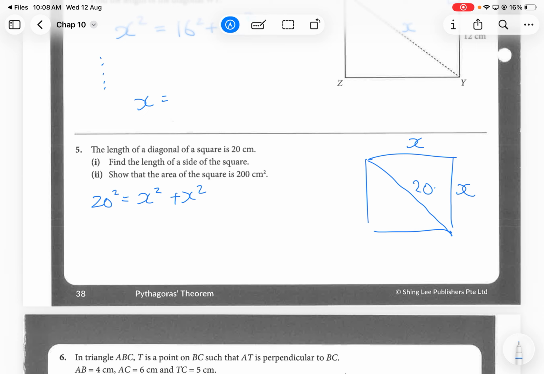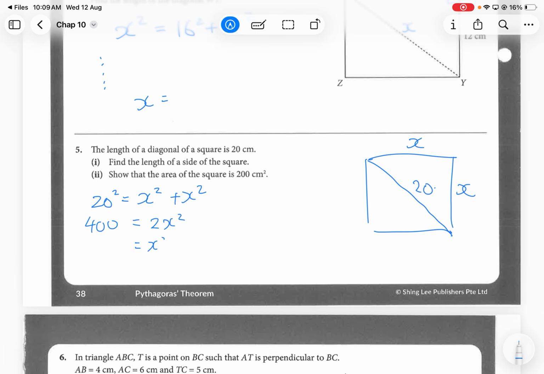So you say got difficult? A bit. But there is only one thing to remember: the relationship. Longer side squared is the two shorter sides squared added together. Can you add? X square plus x square is 2x square. 400 is 2x square.